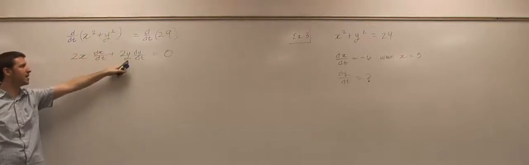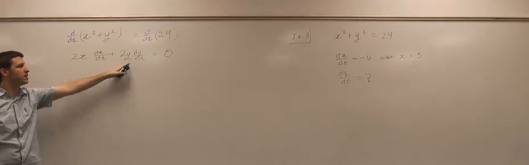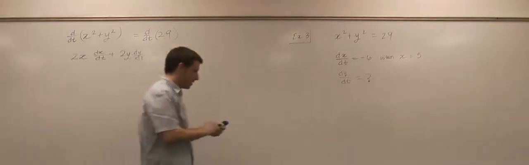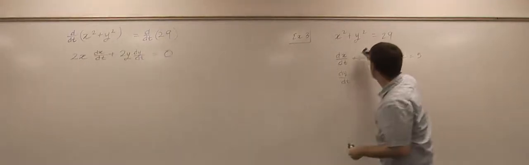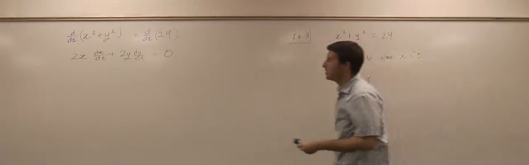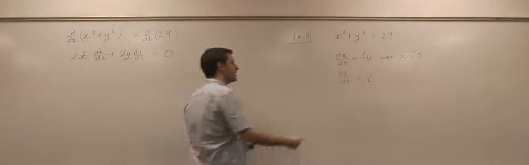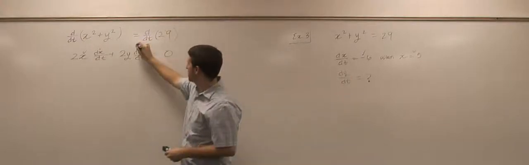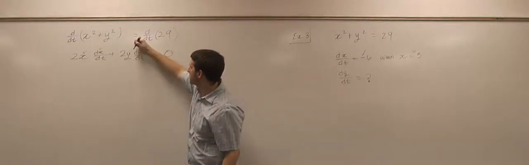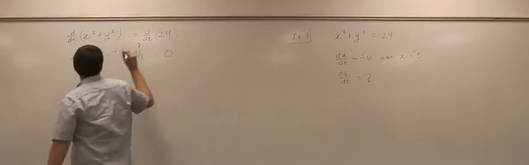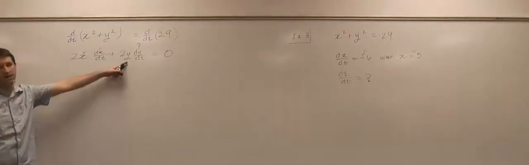We still have a y left in our equation. So if you look at what I'm given, dx/dt and x, I'm trying to find dy/dt. I still have one variable not accounted for. I still don't know what y is.